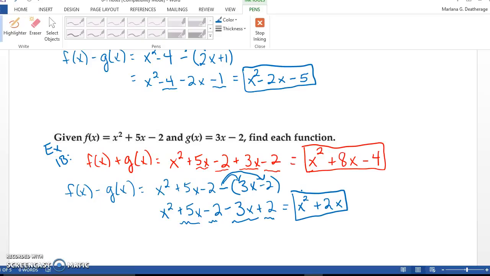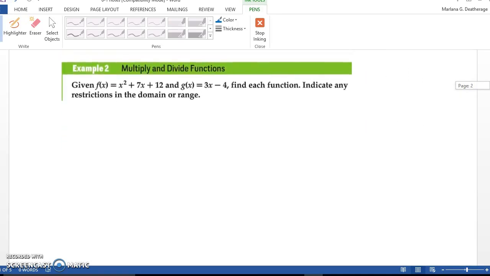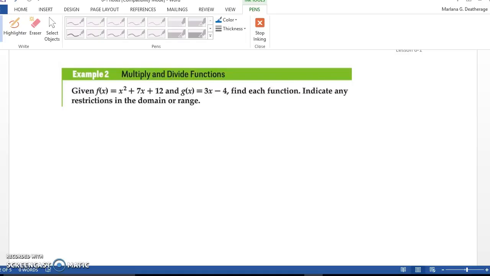Okay, any questions about adding and subtracting? Alright, let's move on to multiplying and dividing then. So this is page 2, multiply and divide functions. Given f of x equals x squared plus 7x plus 12, and g of x equals 3x minus 4, find each function.